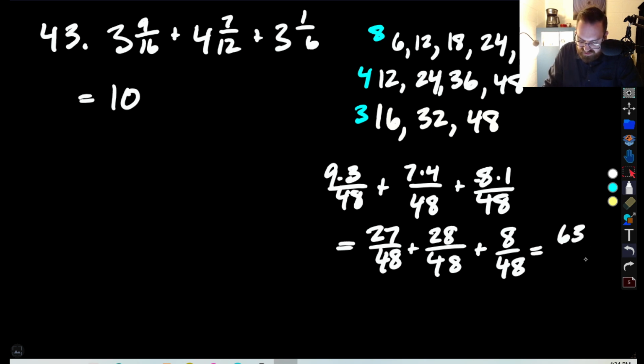Over 48. Now, here's the deal. Because this is an improper fraction, we have to change it into a mixed number. The trick here is that 48 goes into 63 one time with a remainder of 15.